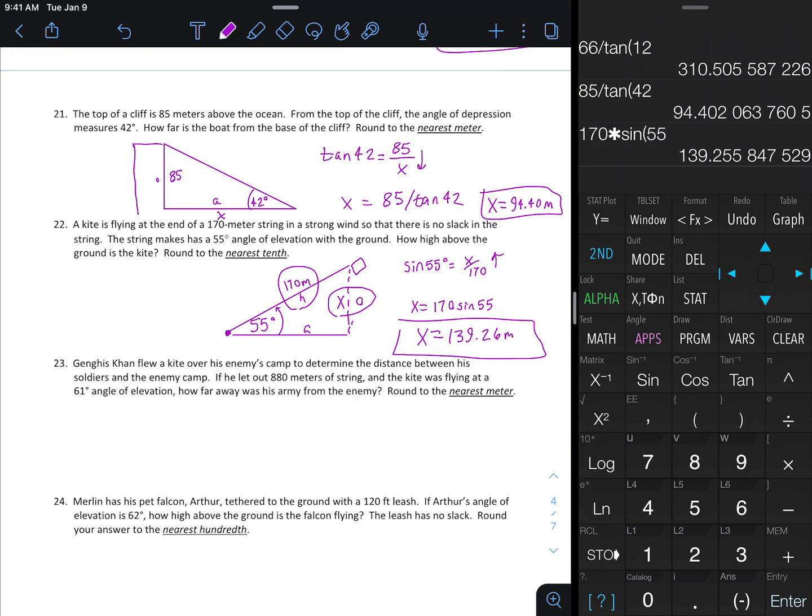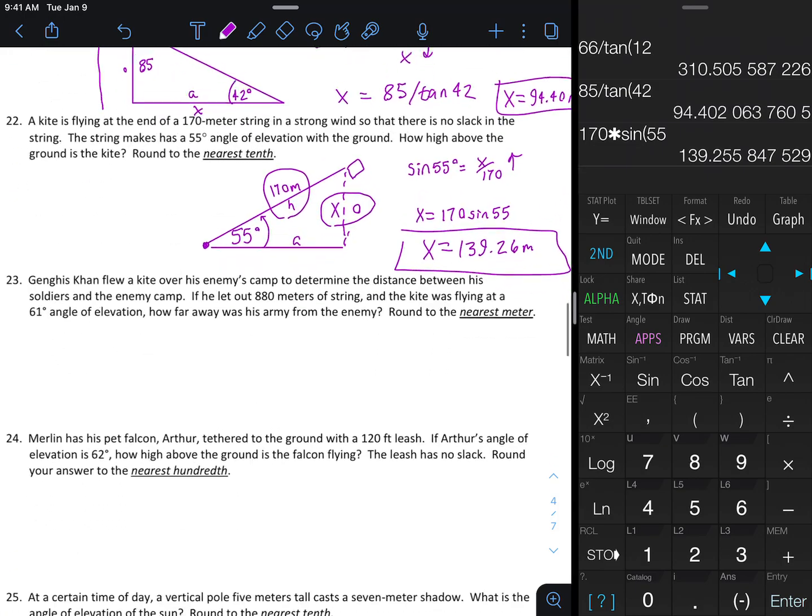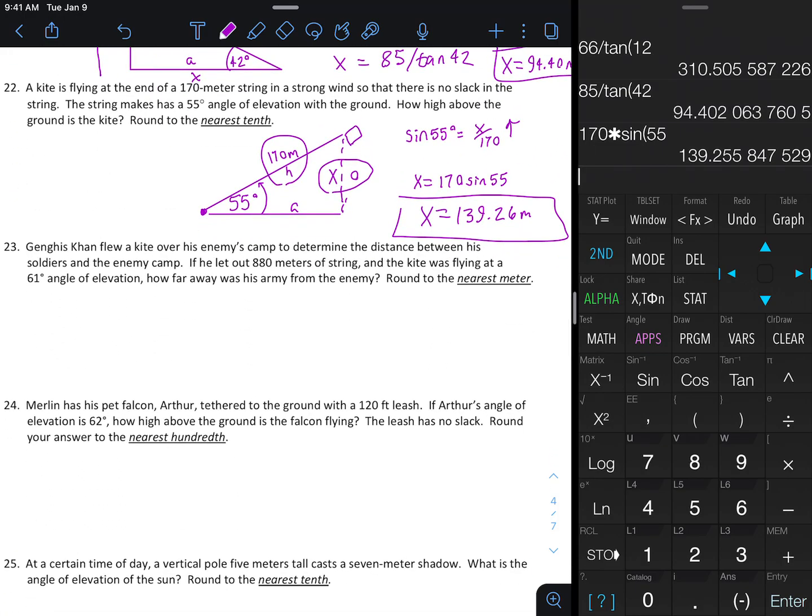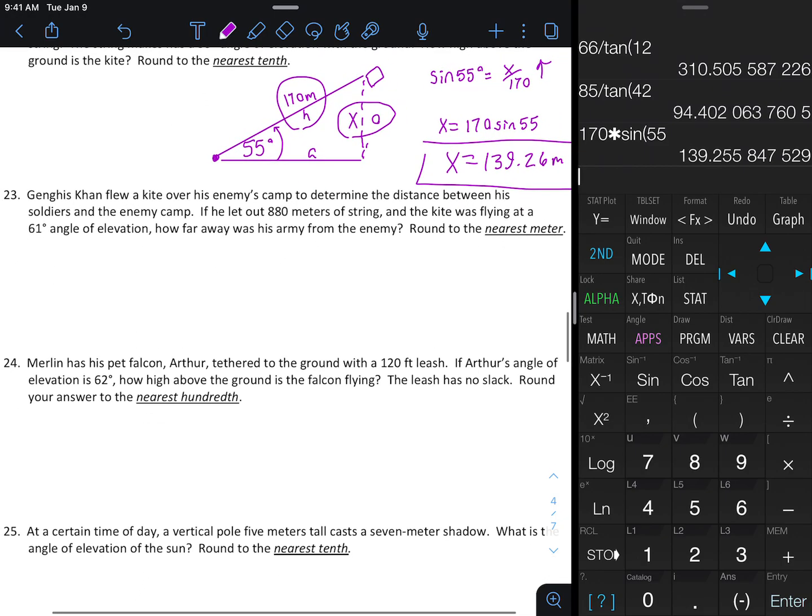Okay, Genghis Khan flew a kite over his enemy's camp to determine the distance between the soldiers and the enemy camp. He let out 800 meters of string, and the kite was flying at an angle of elevation of 61 degrees. How far away is his army from the enemy? Okay, so it's actually a pretty similar picture here. You got a kite that you're flying. It might be asking for a different thing, though.